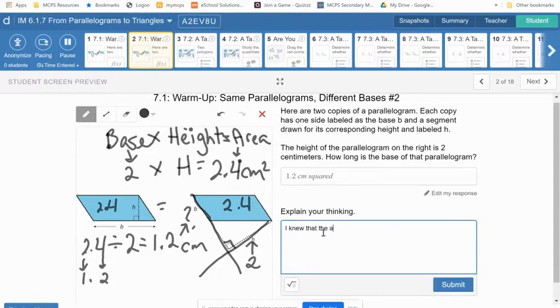I knew that the area of the parallelogram on the left was 2.4 centimeters squared. The parallelogram on the right gave me the height, which was 2 centimeters.